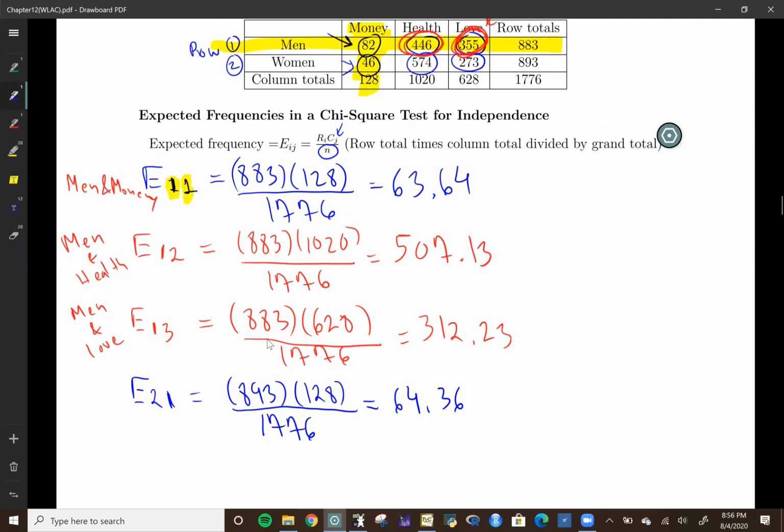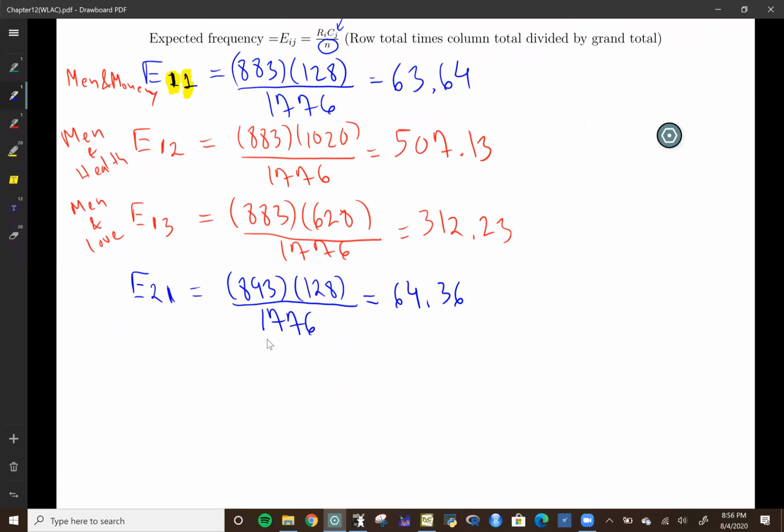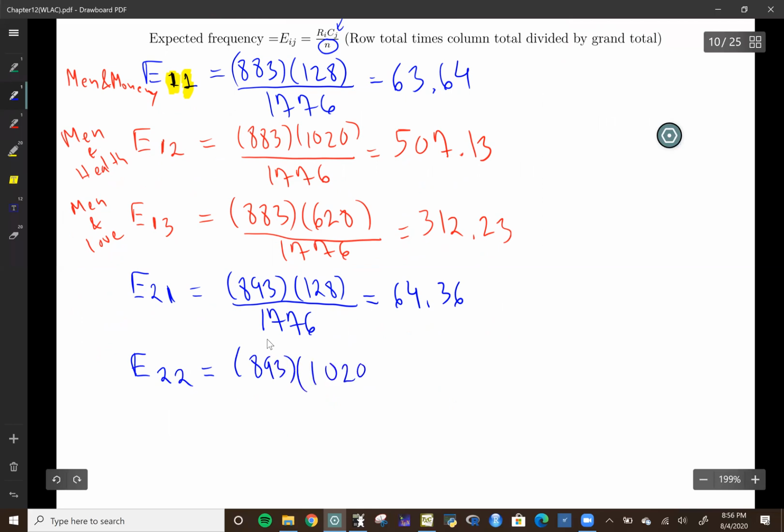All right, so now we're going to do women and health. That means we're going to be doing the expected value of row 2, column 2. So row 2 should be 893. But if you look at column 2, that should be 1020. And we divide that by 1776.